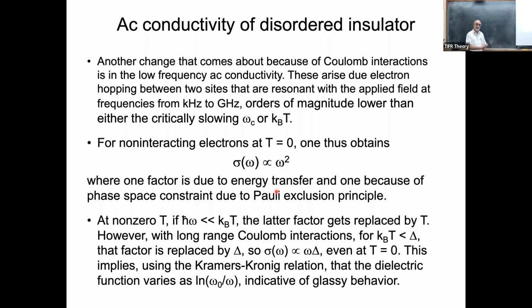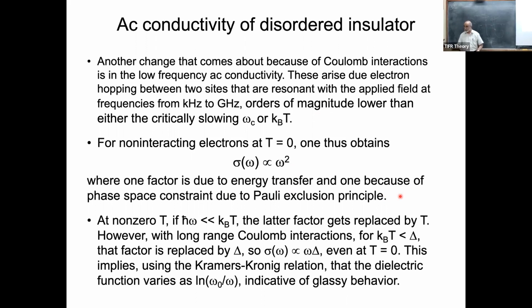But T.V. Ramakrishnan and I tried to figure out what happens as you go towards the metal-insulator transition. For non-interacting electrons, we get omega squared. One factor is due to energy transfer, and the other is because of phase constraint due to the Pauli exclusion principle. That's what I mentioned before.